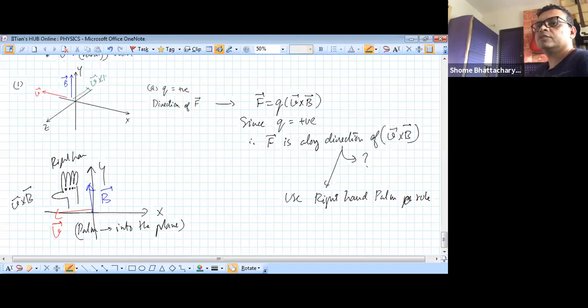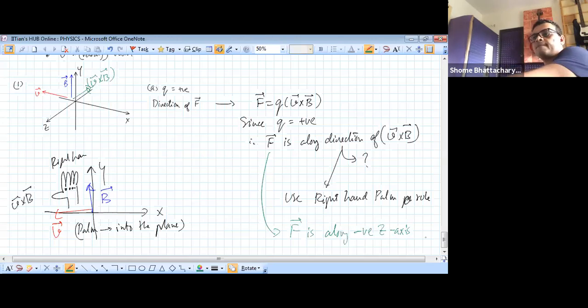This will be the direction of V cross B. Therefore the direction of F is along the negative z axis. Understood this? Just make a note of this part first, then we'll come to the other parts.